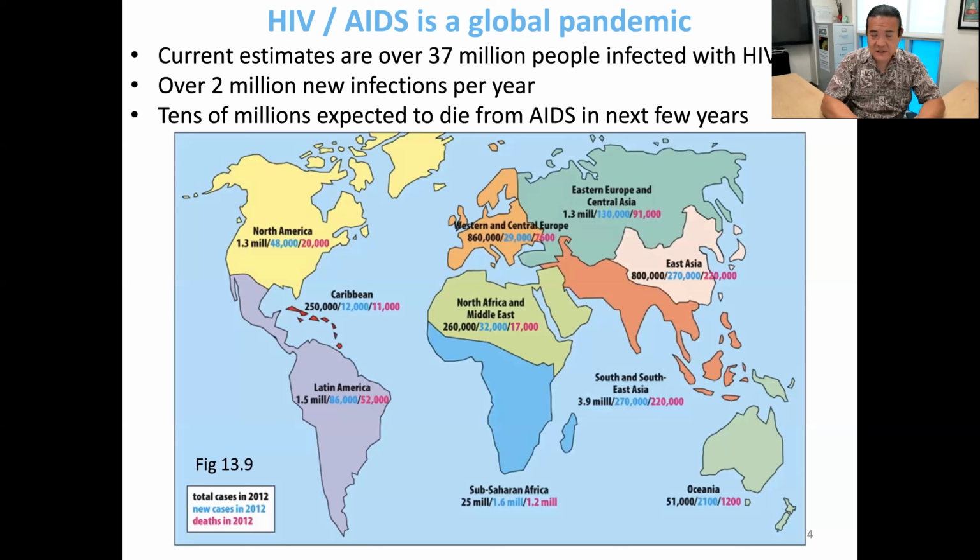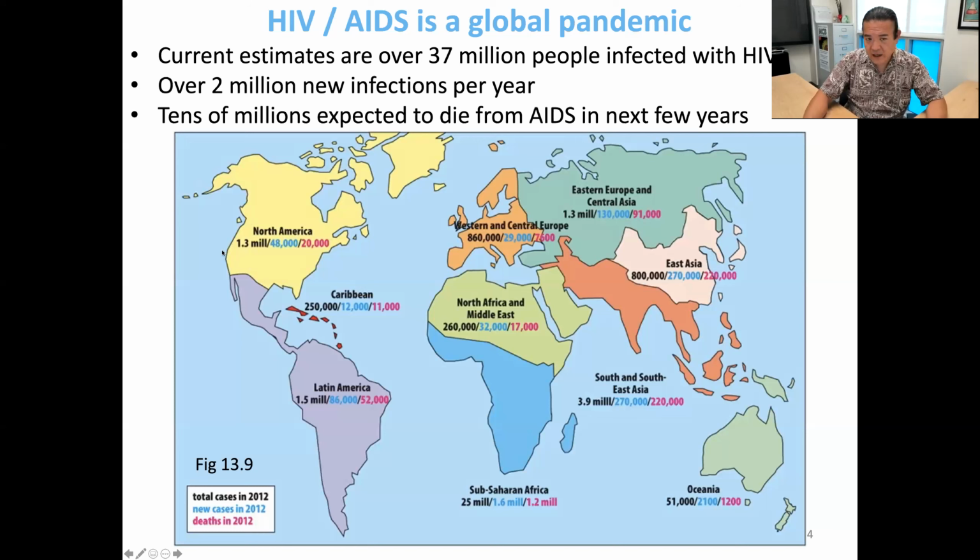The current estimates are that there's close to 40 million people infected with HIV. We expect something on the order of 2 million new infections per year, and tens of millions of infected individuals are expected to die from AIDS in the next few years. Look at the distribution of HIV and AIDS across the globe.